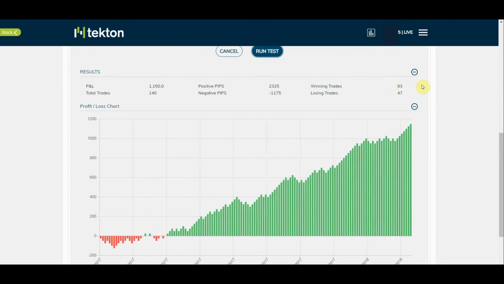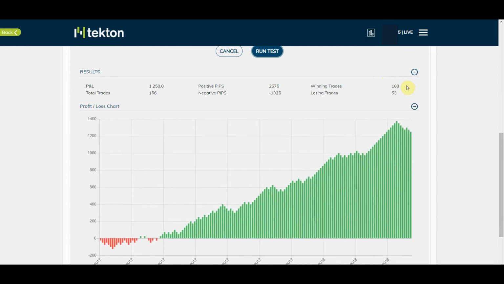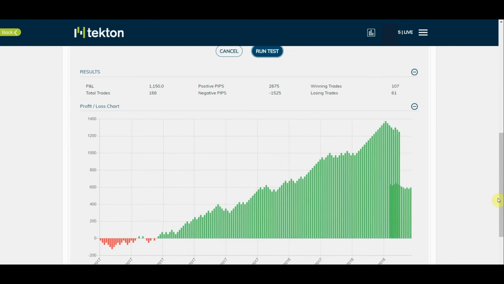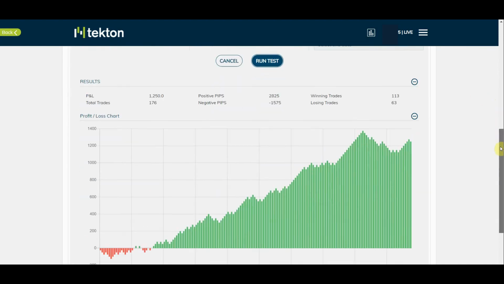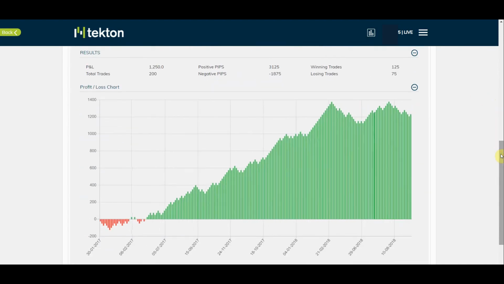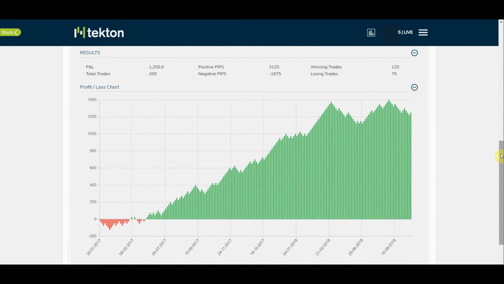But in real monetary terms, the winning trades made more because the reward to risk was higher. Now in this instance you're looking at now, it's a one-to-one reward to risk. 25 pip profit, 25 pip stop. So it has to have a greater than 50% success rate for it to be a profitable trading algo.